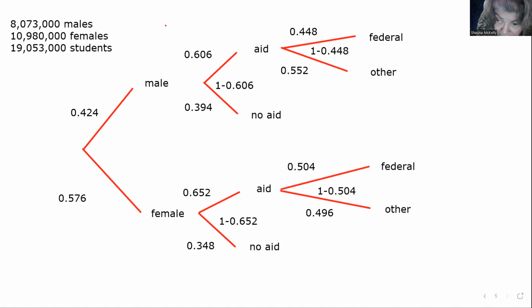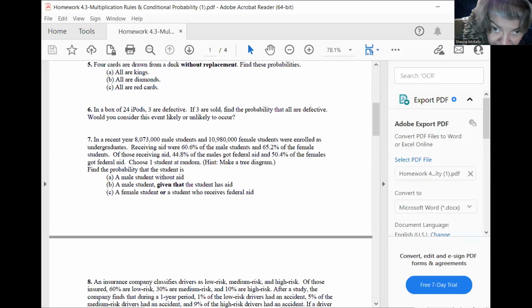So the first question says, find the probability that the student is male without aid. Okay, male without aid.